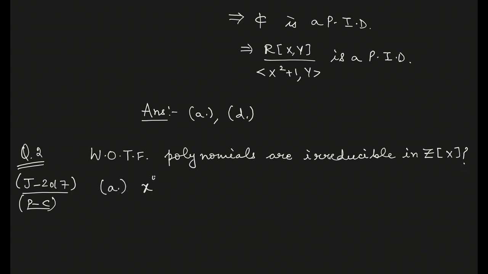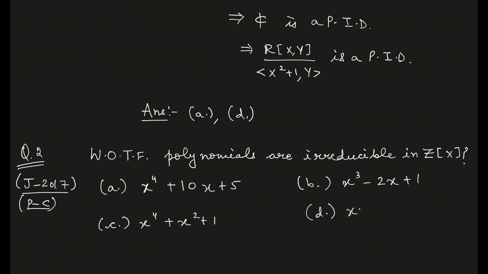Option A, x to the power 4 plus 10x plus 5. Option B, x cube minus 2x plus 1. Option C, x to the power 4 plus x square plus 1. Option D, x cube plus x plus 1. Try this question.